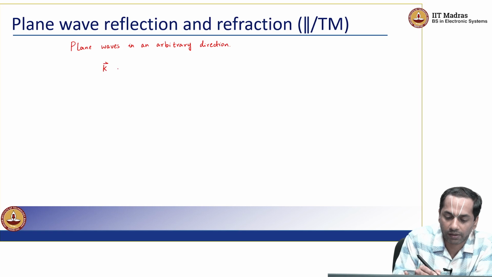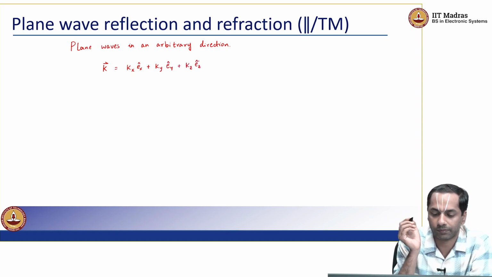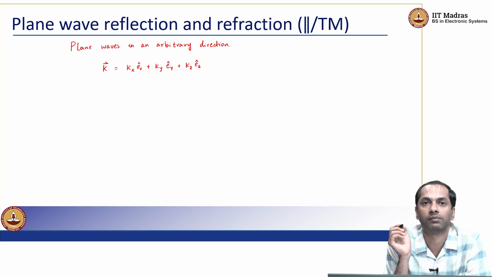The general k vector can be written as kx ex plus ky ey plus kz ez. Okay. So, remember earlier we had oriented our k vector along the propagation direction or the z axis, and so it was just kz ez, right.